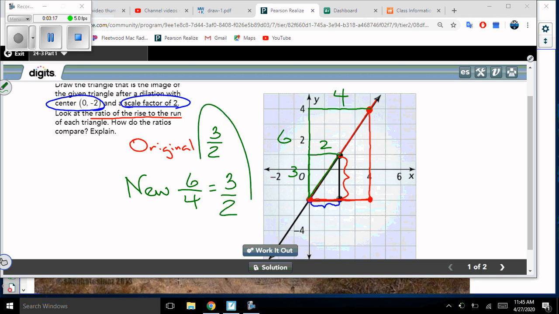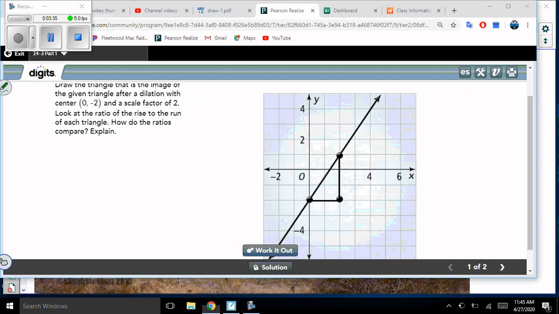So how do those compare? The slopes are exactly the same once we simplify that. And obviously if we were to multiply this by 2, which was our scale factor, then we would get that 6 over 4. Okay, take a look at our next example then.